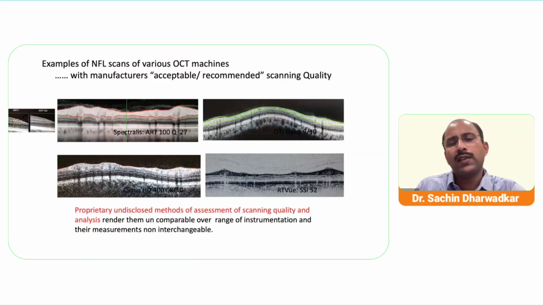The quality score or the proprietary undisclosed methods of assessment of scan quality are already there in the machine, where you don't know how that value comes. But when you have a visual impression of that particular scan, you definitely realize that there is something different going on in the machines. That's why the images do not look exactly the same over the range of different machines. Needless to say, when the technology used is different, or the physics used is slightly different, you may not have measurements which will be strictly comparable.